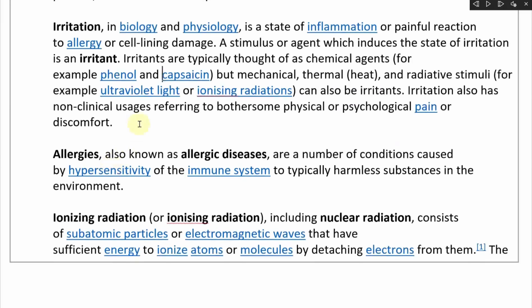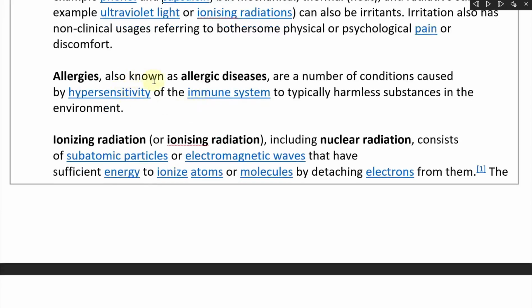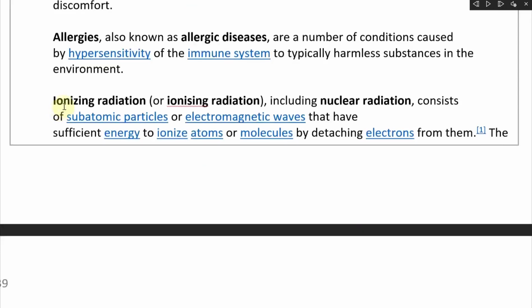Irritation also has non-clinical usages referring to bothersome physical or psychological pain or discomfort. And allergies, also known as allergic diseases, are a number of conditions caused by hypersensitivity of the immune system to typically harmless substances in the environment. Pretty interesting stuff here. All right, continue further.